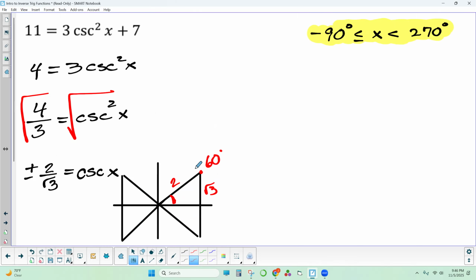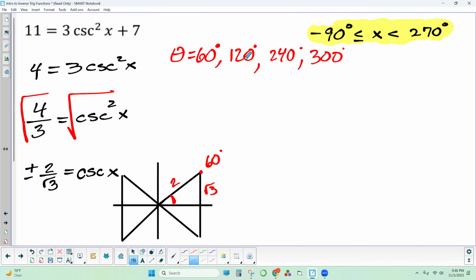All right. So let's look at all the angles all the way around, and we've got 60, we've got 120, okay, we've got 240, and we've got 300.